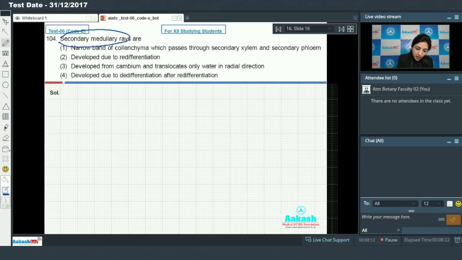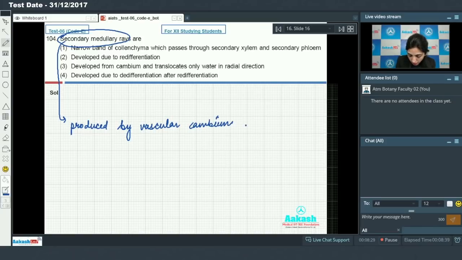These rays are produced by vascular cambium during secondary growth. Secondary medullary rays are narrow band of collenchyma which passes through secondary xylem and secondary phloem.